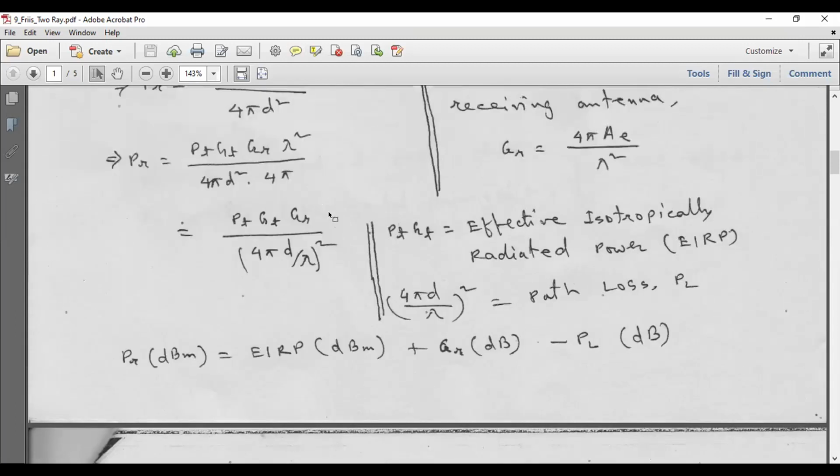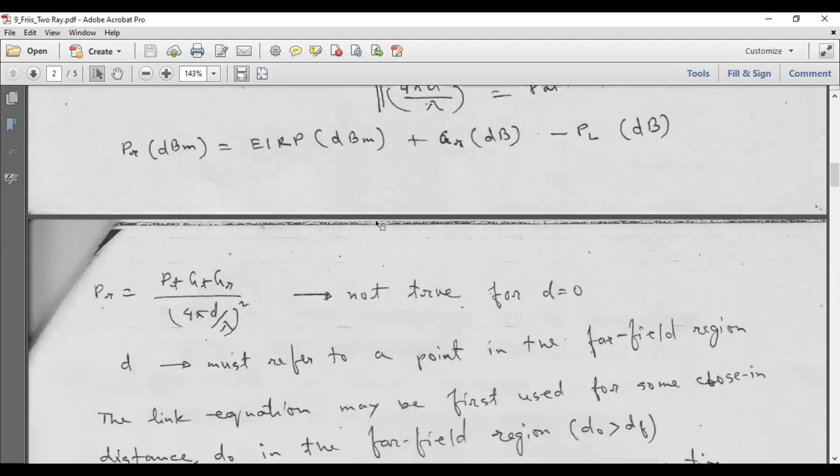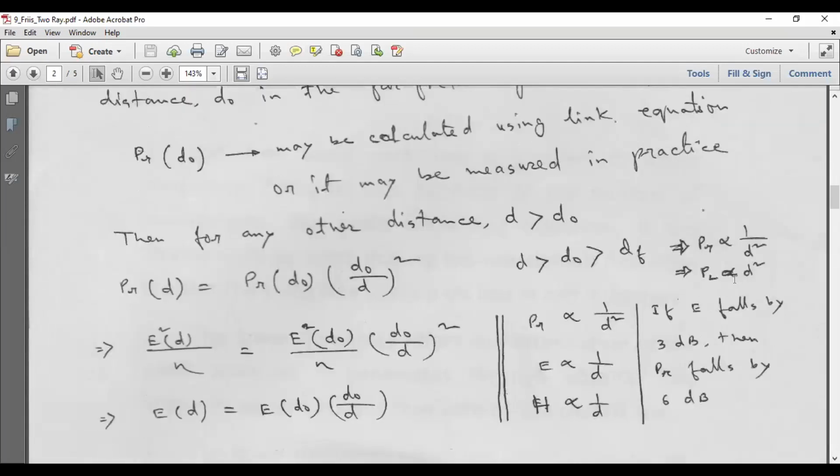So this represents how much power you are losing because of the distance. That is called path loss, because of the path distance you have, and that path loss is proportional to D square.